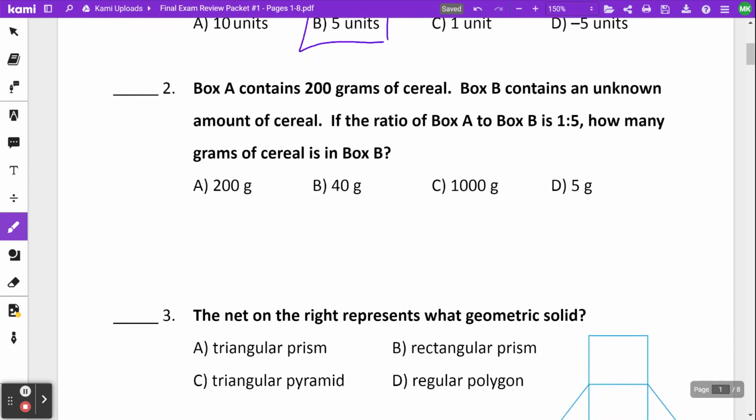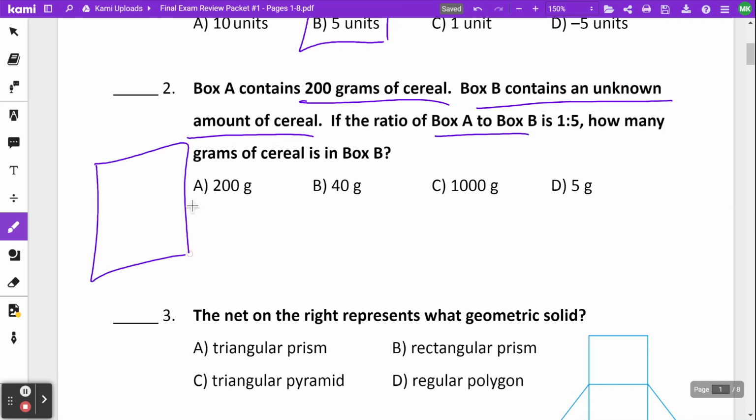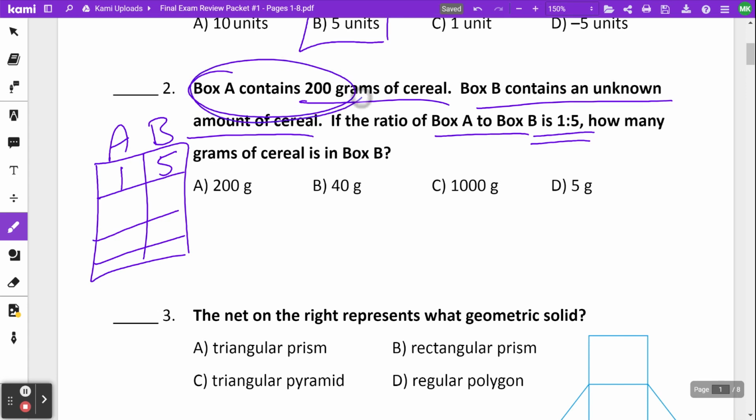Next, box A contains 200 grams of cereal. Box B contains some unknown amount of cereal, but there's a ratio of box A to box B. So I hear ratio, and go right into ratio chart land. I have box A, I have box B, and I have a 1 to 5 ratio. So there's a 1 here, there's a 5 there. And box A contains 200.